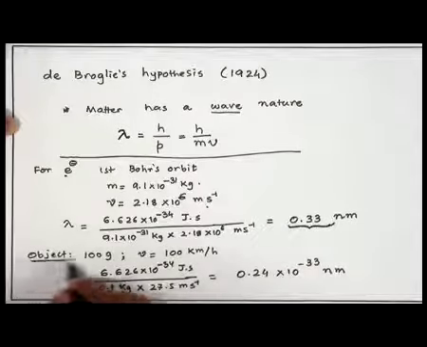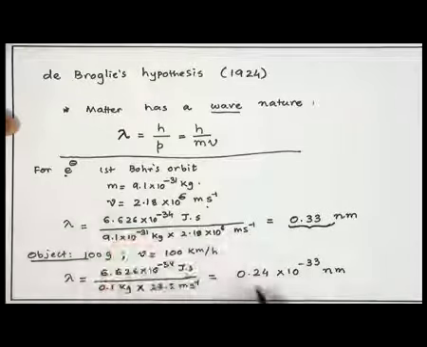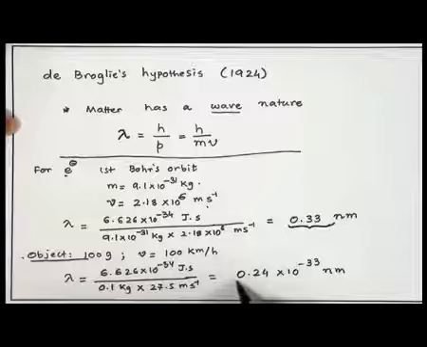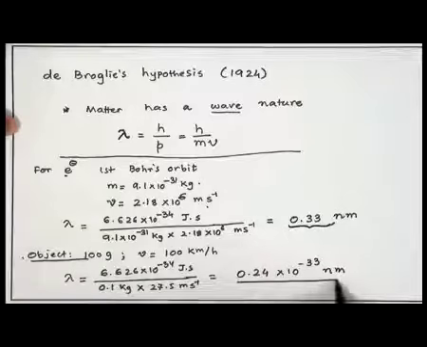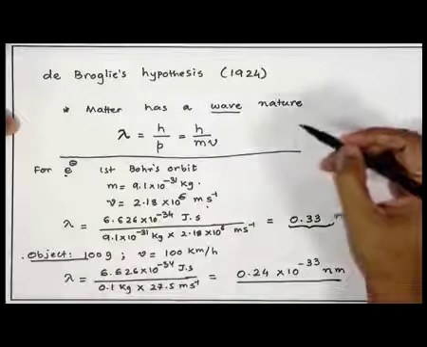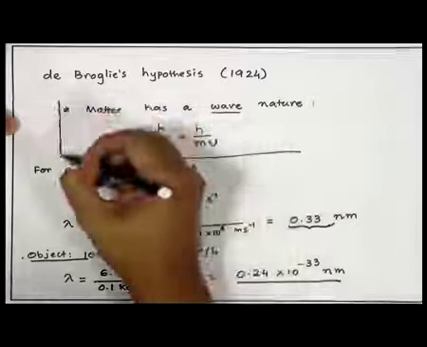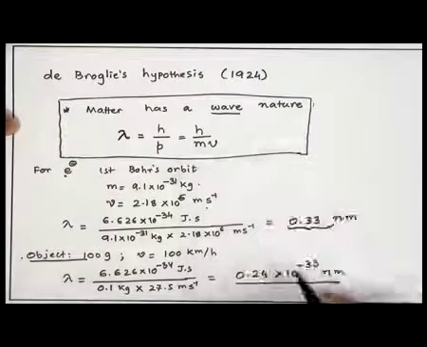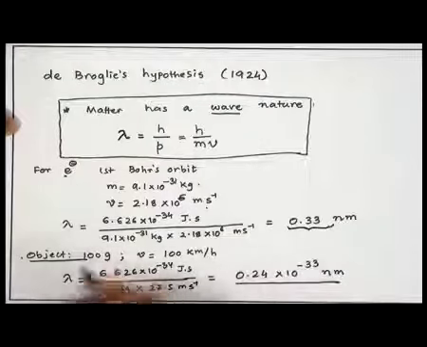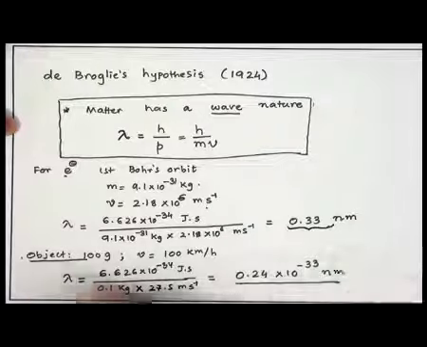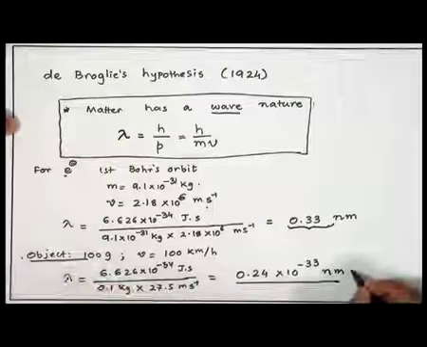An everyday object with mass 100 gram of course has a wave-like nature, but its wavelength is 10^-33 nanometer. So, you can see de Broglie's hypothesis, although it sounds very puzzling, is all right, because for massive objects, the everyday objects that we encounter, this wavelength is negligible.